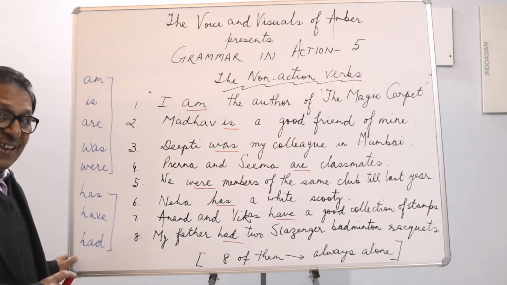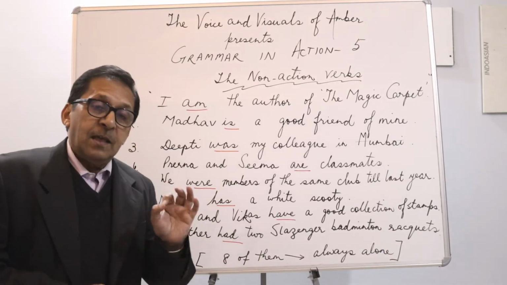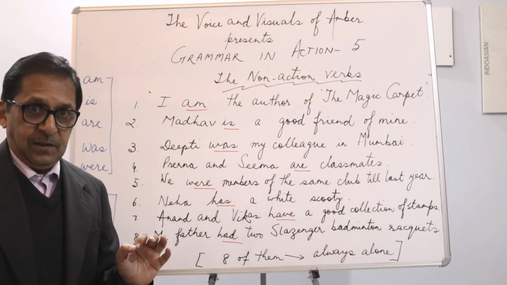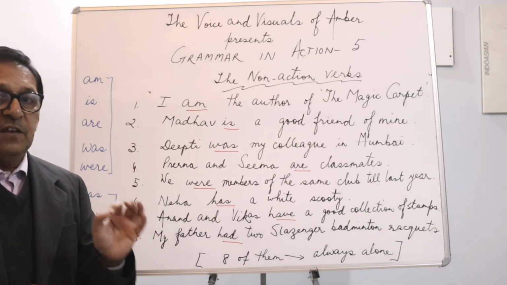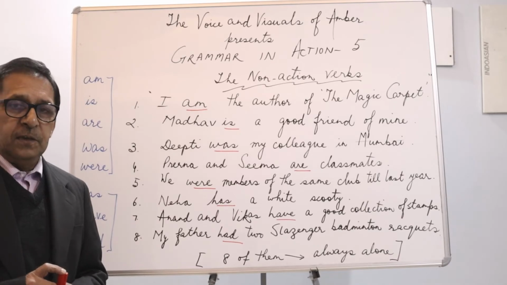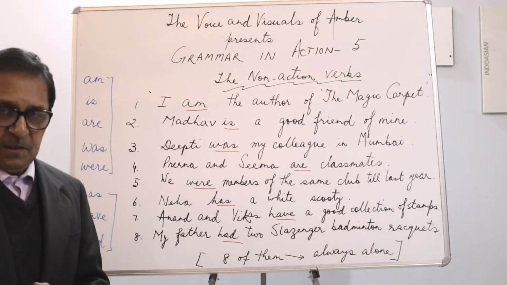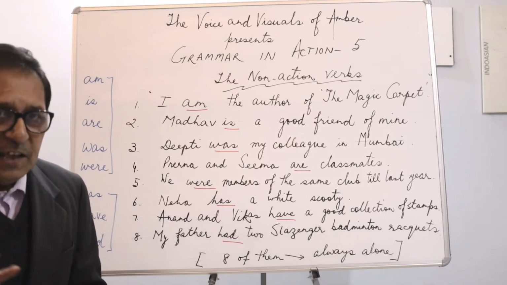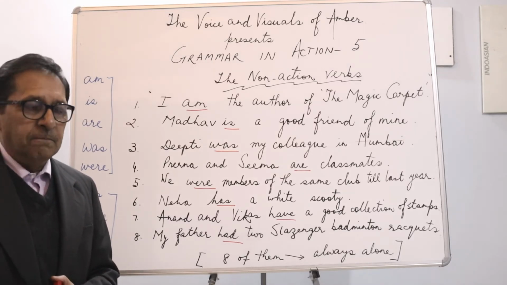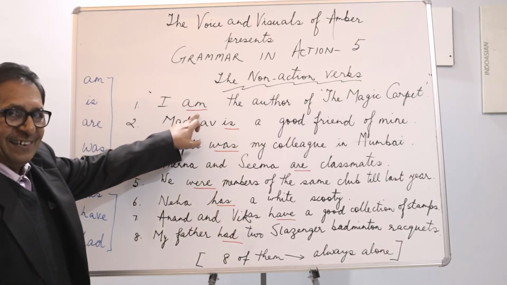So in all 8 non-action verbs. And the most important characteristic of the to-be verb, as I always tell my students, is that they are always bachelors. They don't need any partners or companions. They are always alone in the sentence.